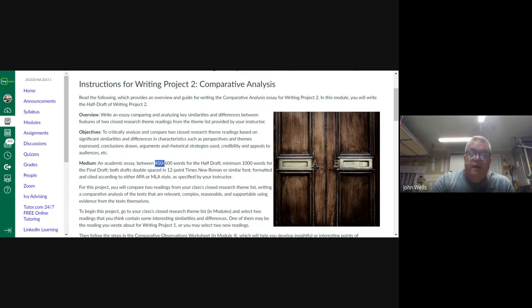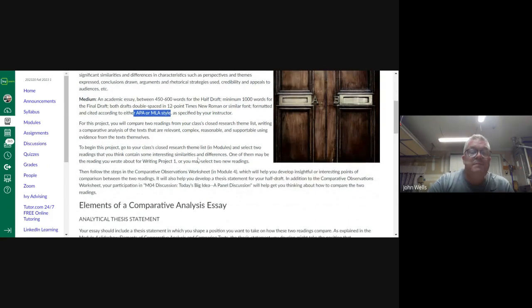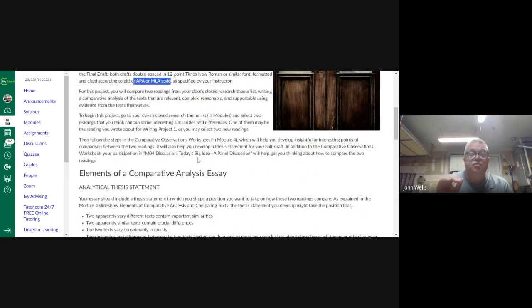The half draft of your paper will be 450 to 600 words, okay? Your final draft will be around 1,000 words, okay? And then you will use either MLA or APA style, whichever you prefer, okay? And we're going to use two readings. Now, one of them could be one that you've already read.